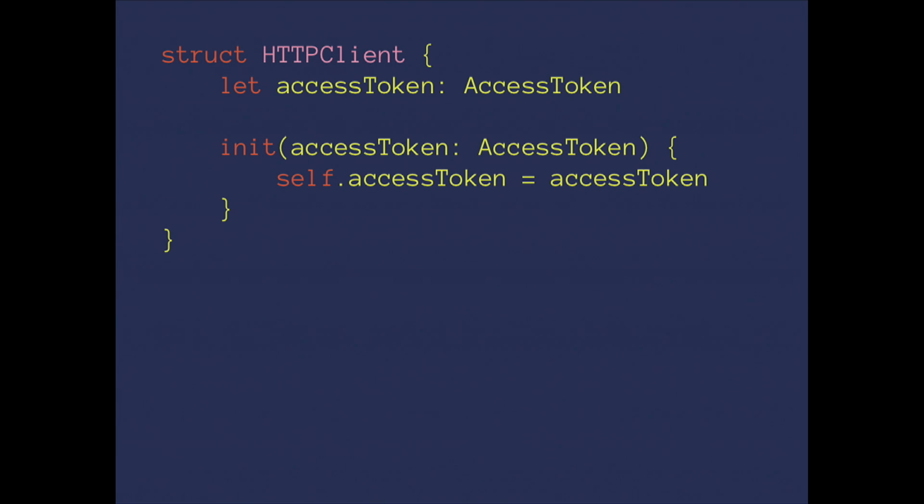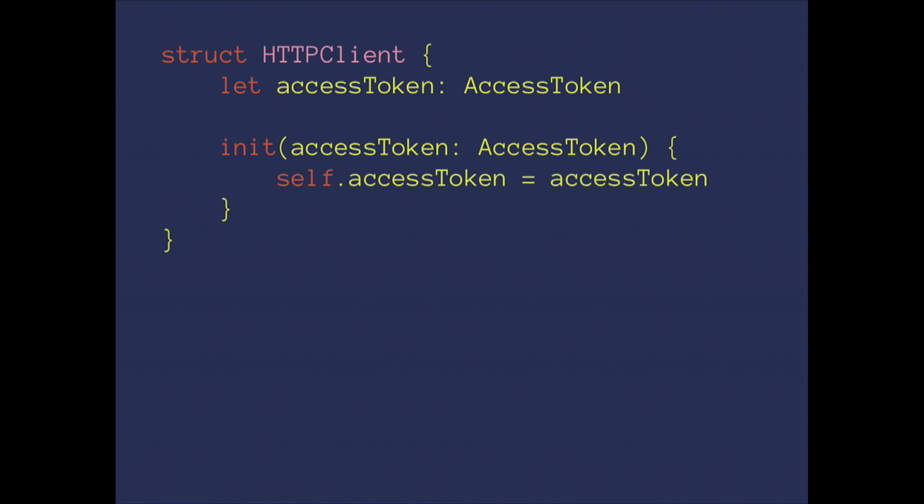But take, for instance, an HTTP client. Networking can be complex inside of applications. And we need to figure out where the truth lies inside of our application when we go to construct these objects. We can begin to create data flow within our applications that helps us derive a source of truth. In this example, in order to create an HTTP client, we need to supply an access token.